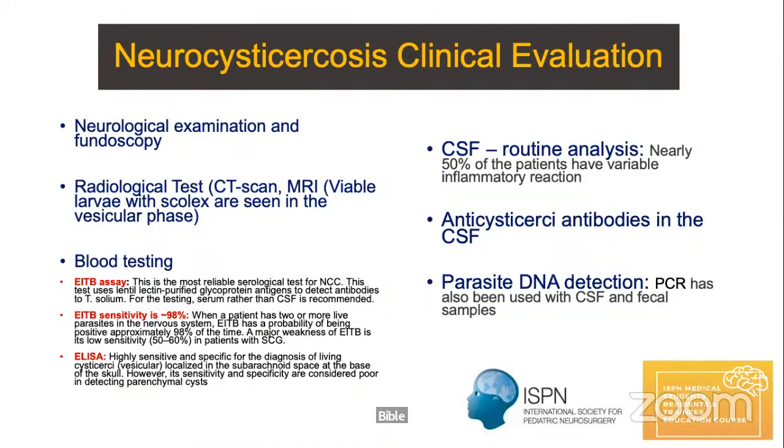And blood testing is confirmatory of cysticercosis, like EITB, which is the most sensitive study for cysticercosis. In cerebrospinal fluid, only in 50% of patients do we see variable inflammatory reactions and anti-cysticercal antibodies in the cerebrospinal fluid.